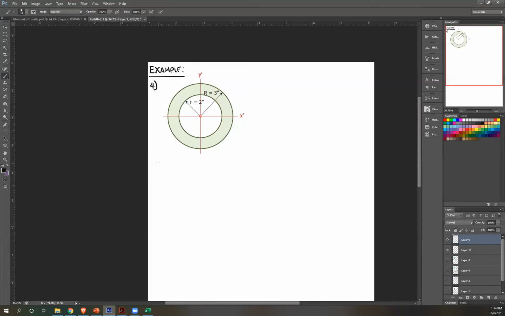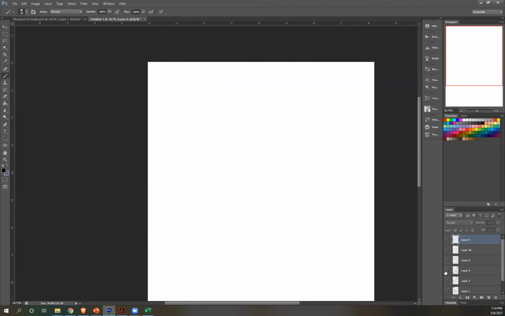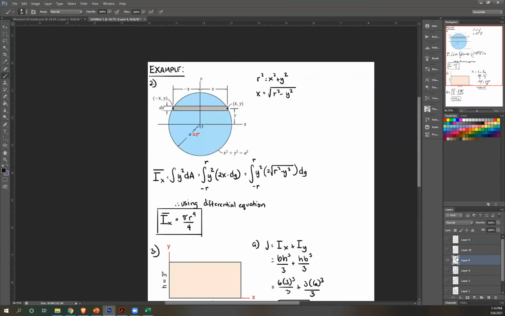The equation for J, once again, about a centroidal axis is Ix plus Iy. Now we've solved for moment of inertia of a circle, and it's also about the centroid. So moment of inertia about x is pi r to the 4th over 4.